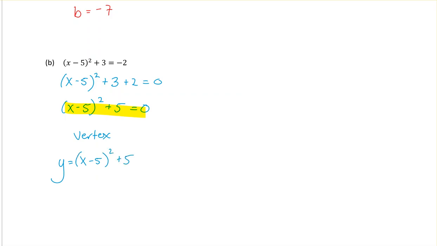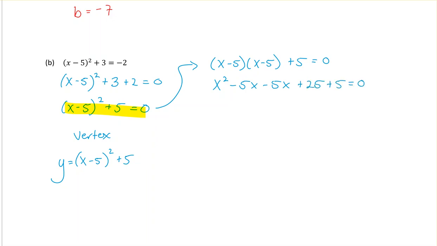But again, we're using the discriminant, so we need standard form, which means we're going to have to expand that. Anything squared is just multiplied by itself, so write it out the long way. And we're going to use FOIL to expand that. That gives me x squared minus 10x plus 25 plus 5 equals 0.